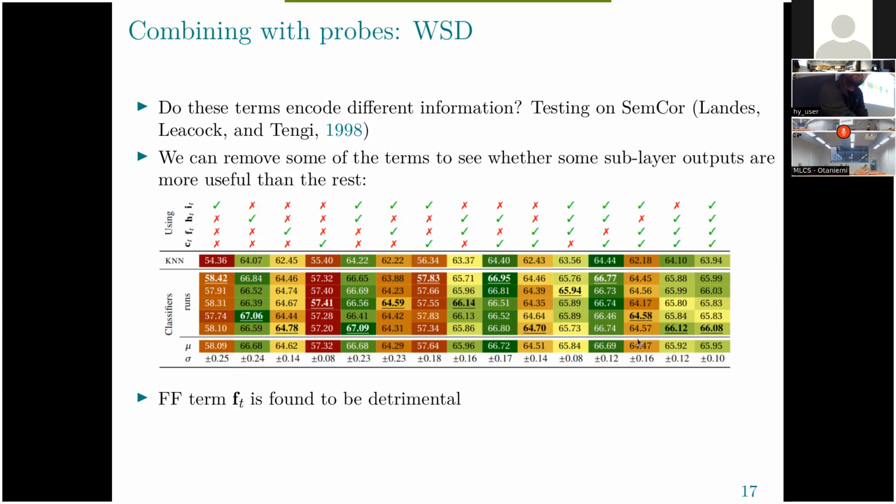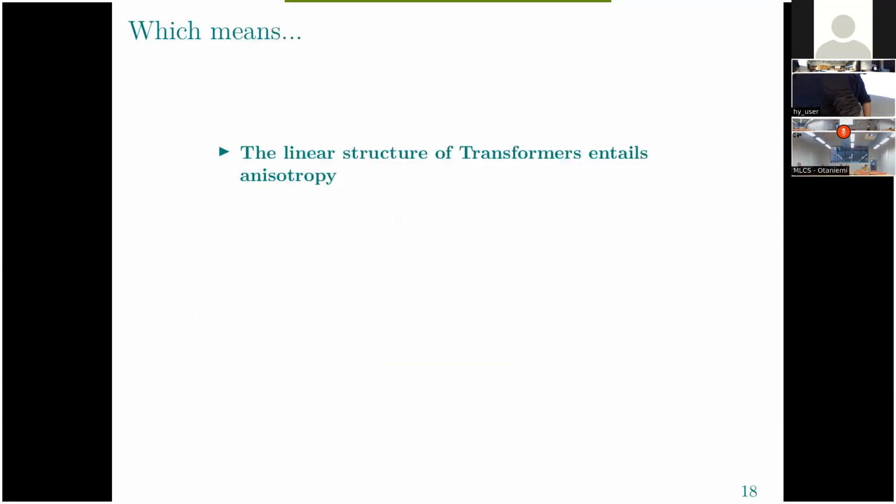If you look into it in a bit more detail, what you do see is that it's systematically better to not have the feed-forward sublayer than to not have the multi-head attention. And in general, the only thing that performed worse would be the CT term and the I term, which you don't really expect to perform that well because it's word sense disambiguation where you expect context to be relevant. And neither of these things actually tend to vary a lot by context. They are fairly fixed.